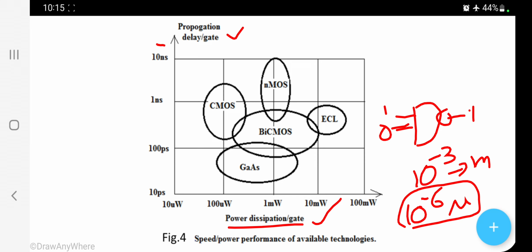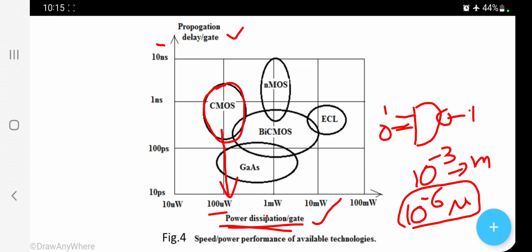If you observe here, you have CMOS. If you draw a vertical line on the x-axis where we have taken power dissipation, CMOS gives a power dissipation of around 100 microwatts, very small when compared to milliwatts.